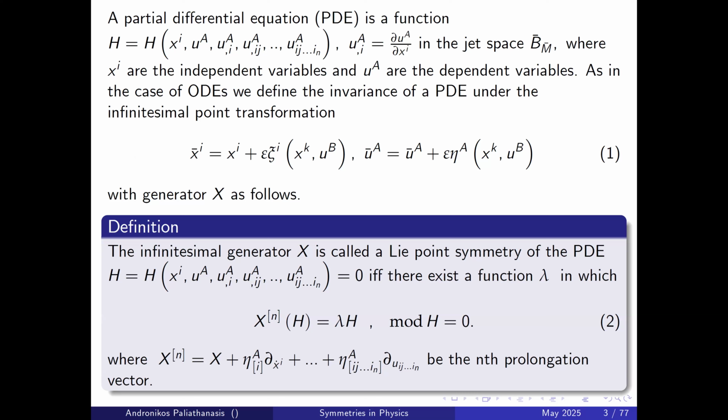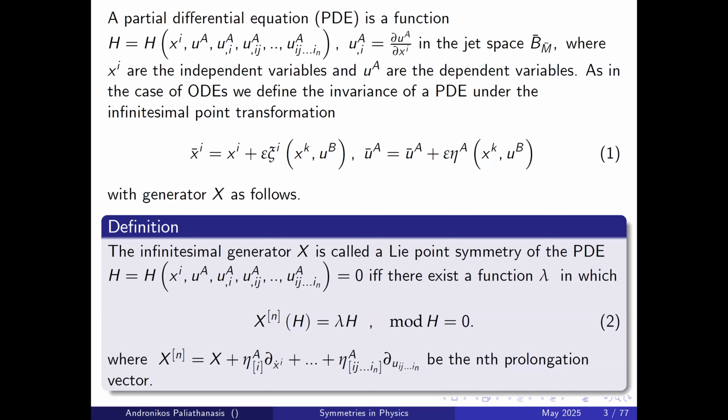A partial differential equation is nothing else than a function in the space, where x are the independent variables and u are the dependent variables. A comma means partial derivative with respect to the independent variable x. As in the case of ODEs, we define the invariance of the PDE under the infinitesimal transformations with generator X with the following definition.